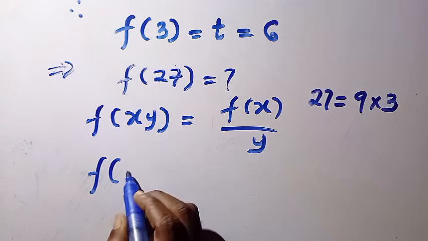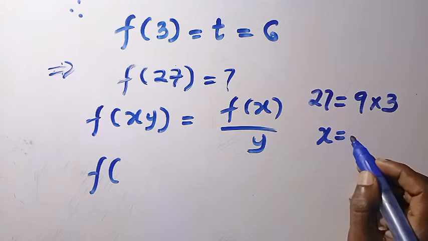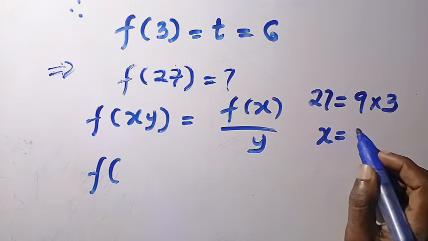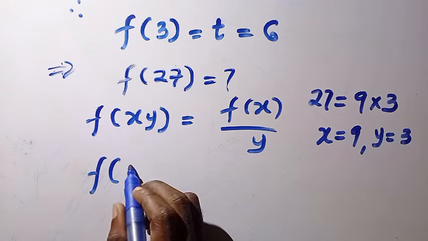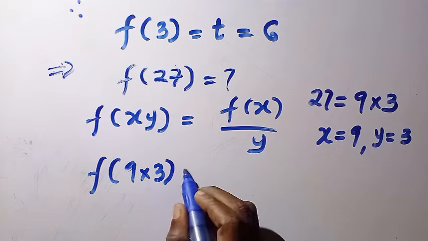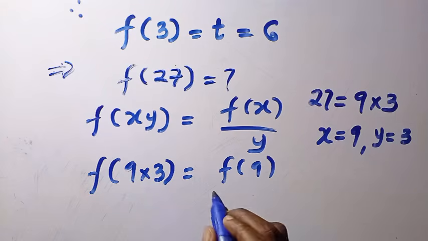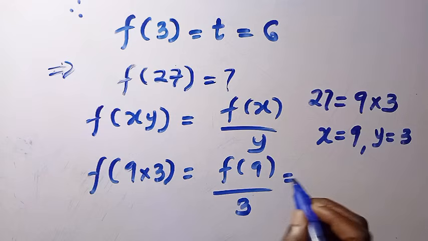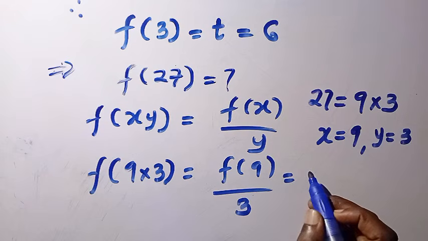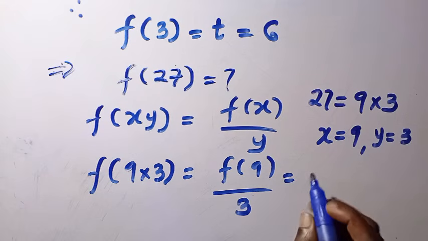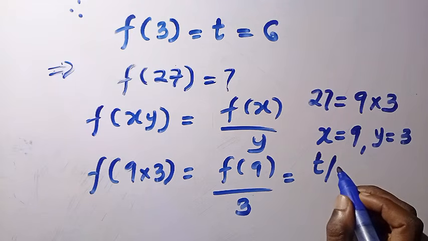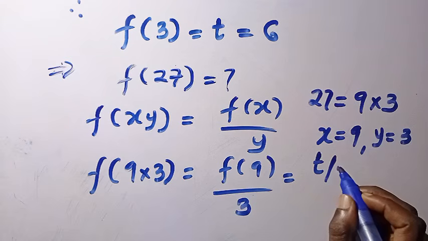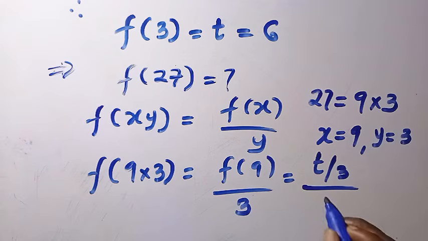If I let x equal 9, then I let y equal 3. So therefore we have f of 9 multiplied by 3 equals f of 9 divided by 3. And f of 9 is given as t divided by 3, so t divided by 3, then divided by 3.